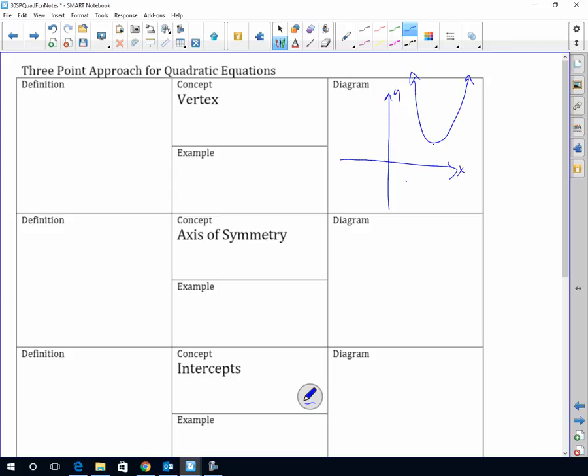So what's the definition? Yeah, the highest or lowest point in the parabola. Everybody know it's an actual coordinate?